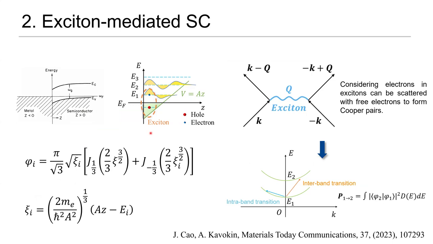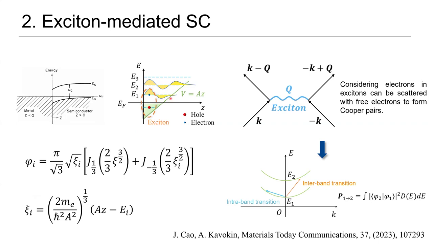Why not? Actually, in this case, the exciton in the semiconductor itself is a stable state. The free electron in the metal will not fill this hole, but be scattered with the electron here.